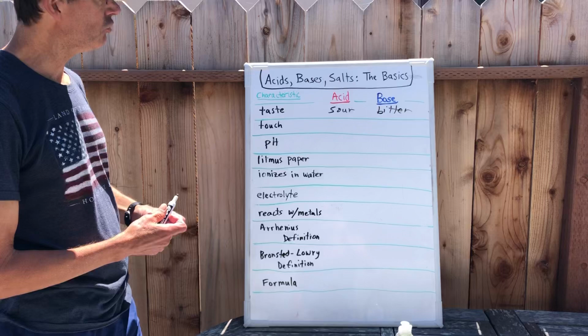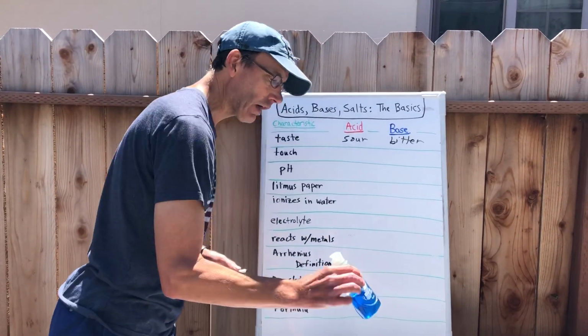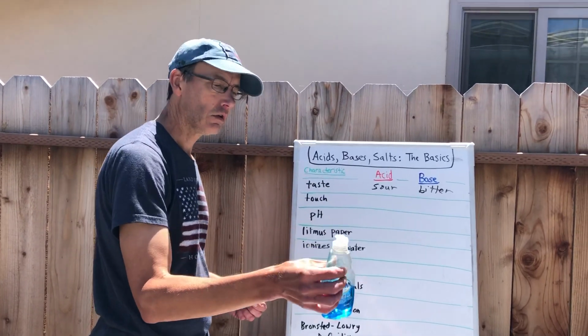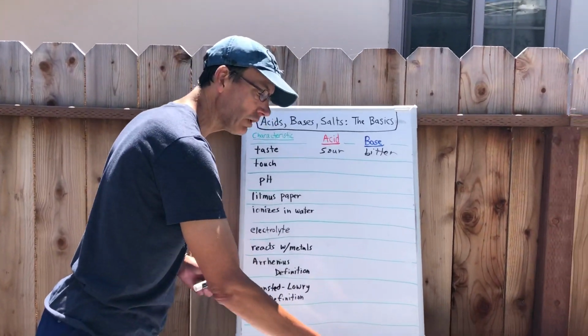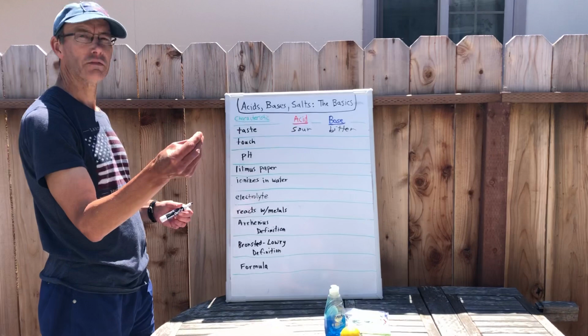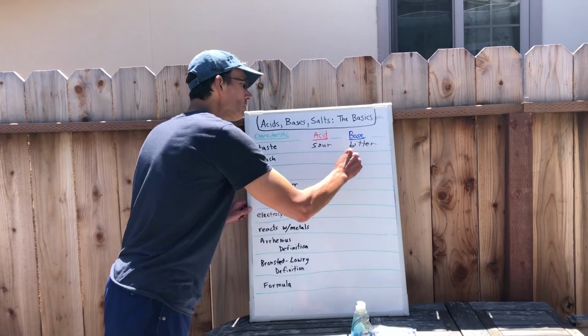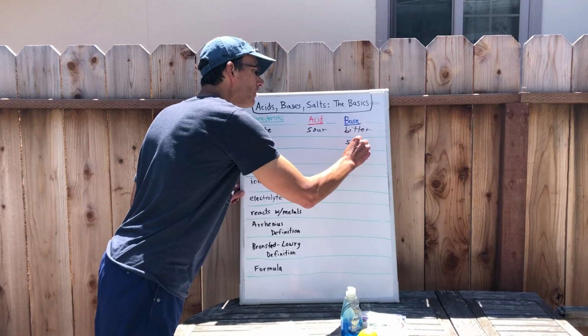Touching: when you touch a base, and cleaning products like detergent for cleaning your dishes are bases, they feel slippery in your fingers. Or if you get bleach on your hand, it feels slippery.